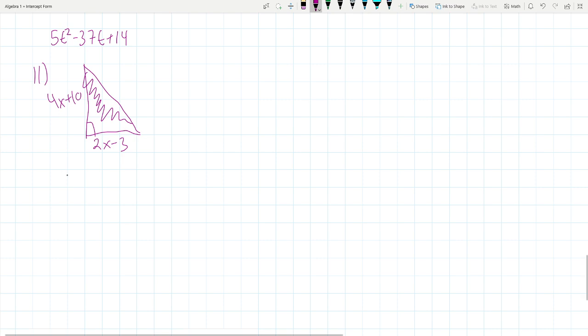The area of a triangle is given to us by the equation 1/2 BH, 1/2 the base times the height. And so what we have here is 1/2 times the base, which is 2x minus 3, and the height, which is 4x plus 10.